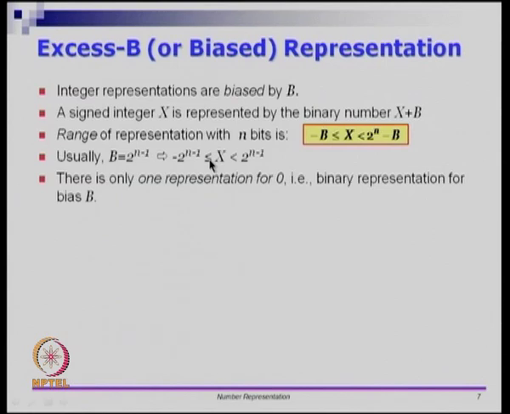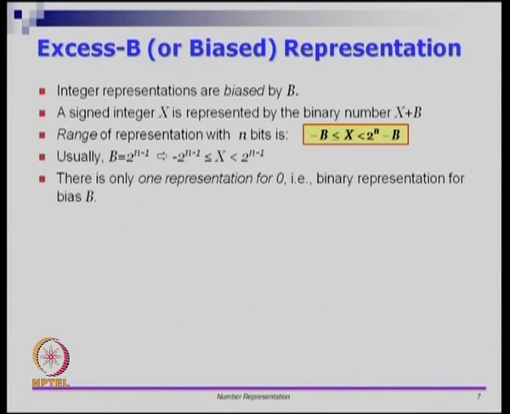In terms of interpretation, this is very similar to 2's complement, because it starts from minus 2 power n minus 1 and goes all the way up to 2 power n minus 1 minus 1. And 0 has only one representation. Both signed magnitude and 1's complement have two representations for 0, whereas XSB and 2's complement have only one representation for 0. I do not want to draw this in the number circle, but I believe this is something you can look at.